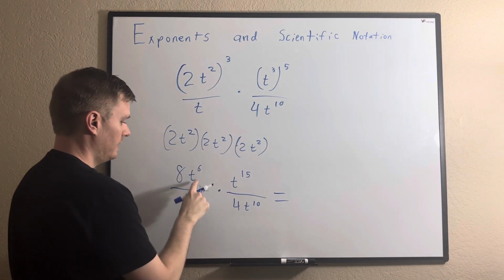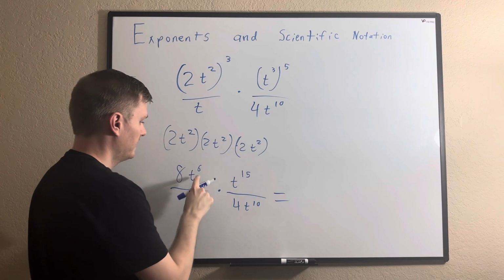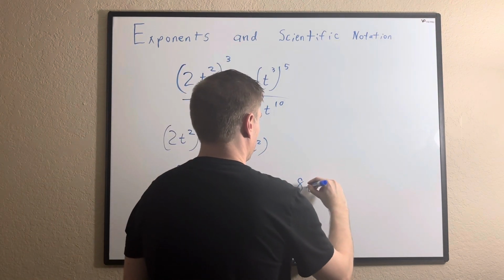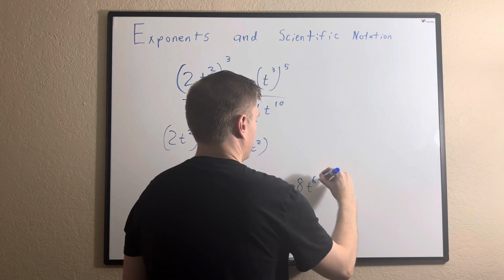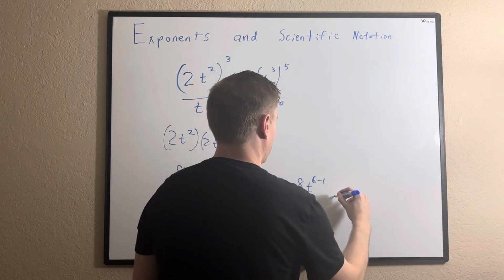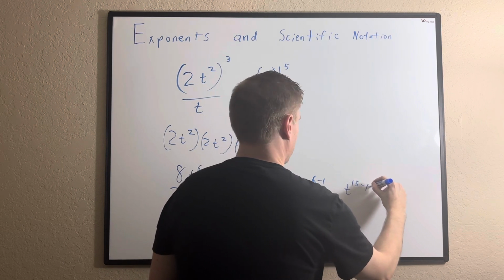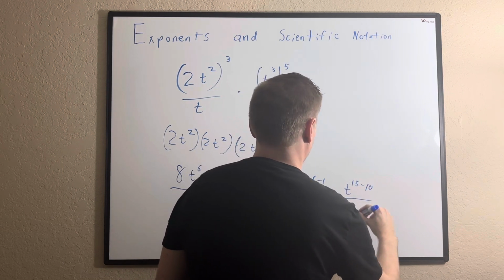And same thing here, t to the 6th divided by t to the 1 is t to the 6 minus 1, right? So 8, t to the 6 minus 1 times t to the 15 minus 10, over 4.